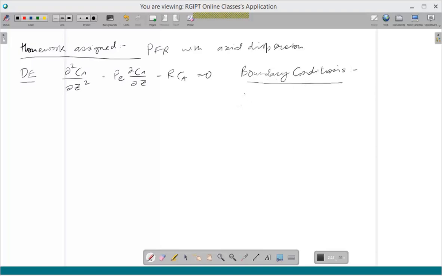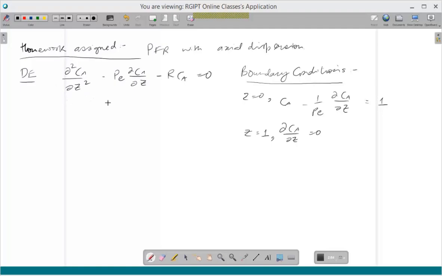At z equal to 0, I have the condition Ca minus 1 by Peclet number del Ca by del z equal to 1, and at z equal to 1, I have del Ca by del z equal to 0.